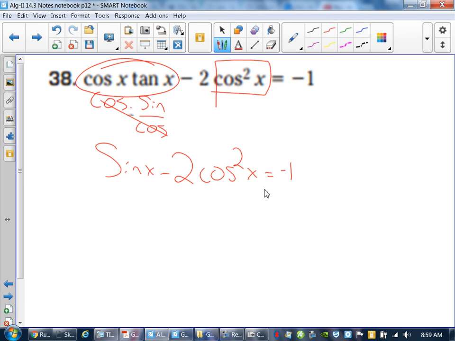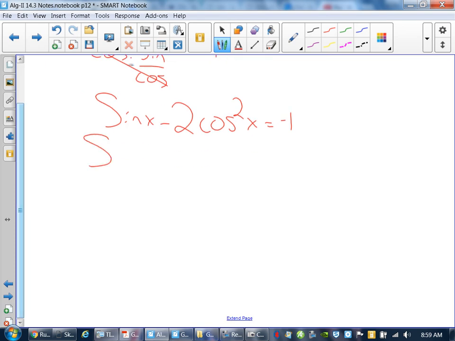Since sine squared plus cosine squared is 1, cosine squared is 1 minus sine squared.